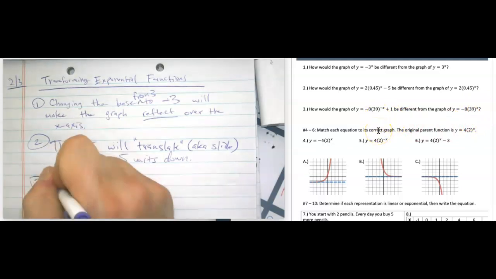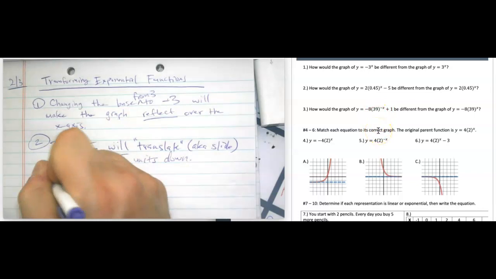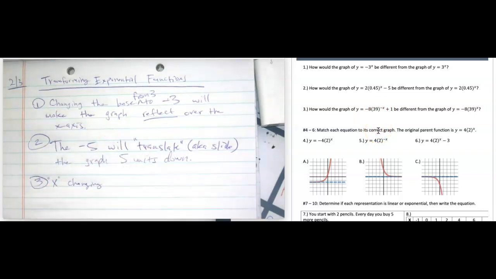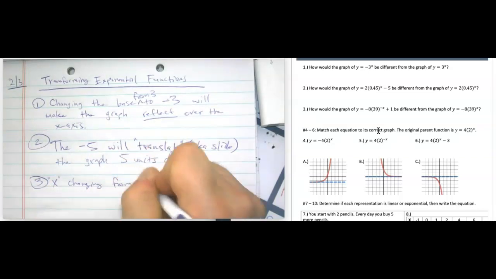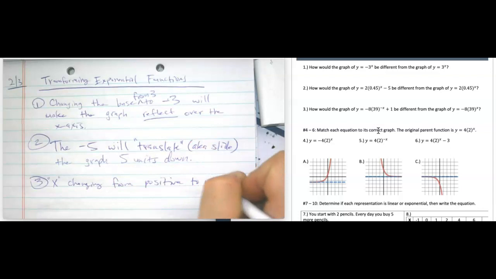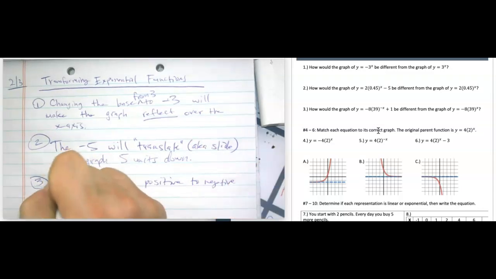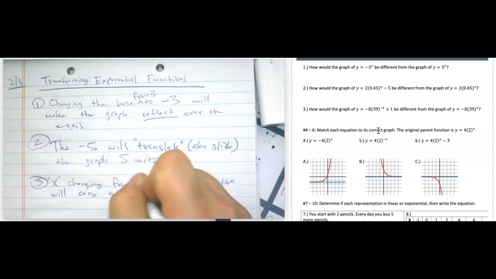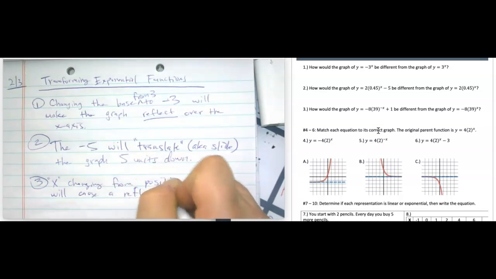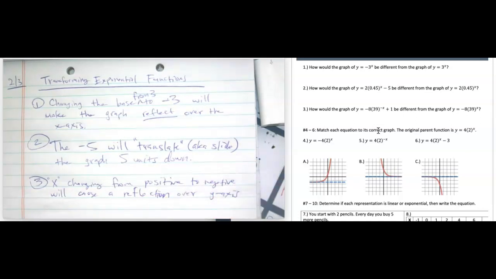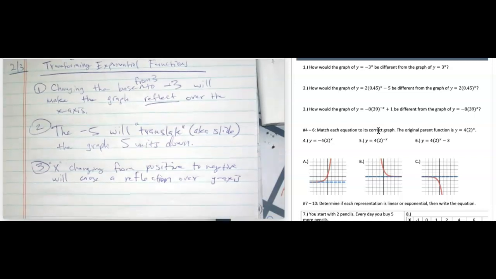So let's say x changing from positive to negative will cause a reflection over the y-axis, and then that plus 1, as you may guess, right?